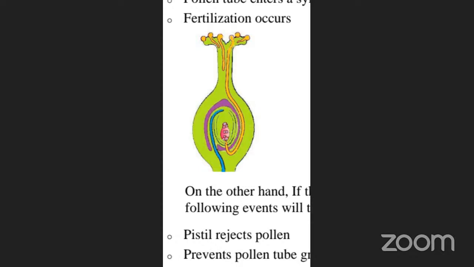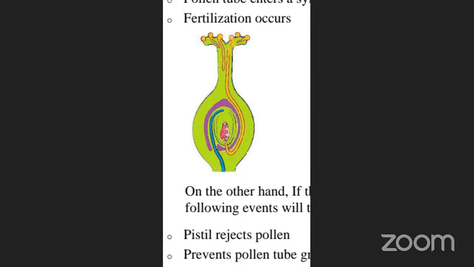So two fertilizations occur. The first is with the egg, the second is with the secondary nucleus. This phenomenon of two fertilizations in the embryo sac is described as double fertilization.